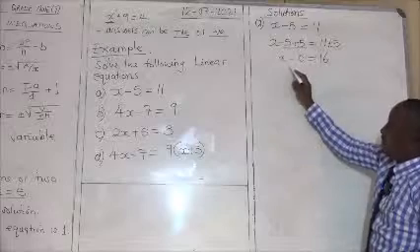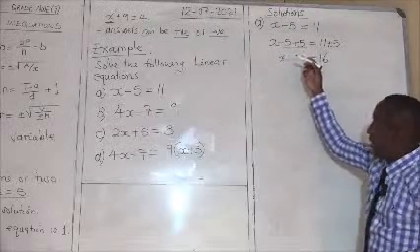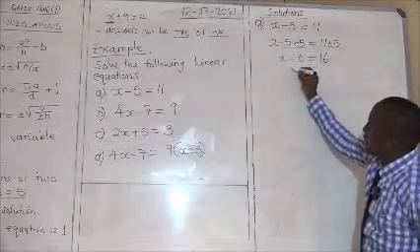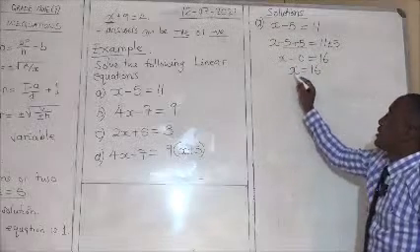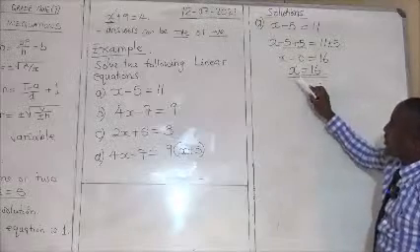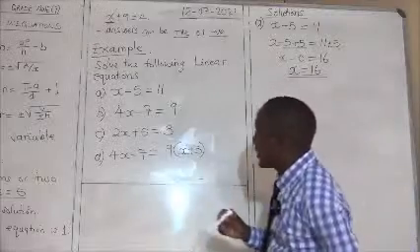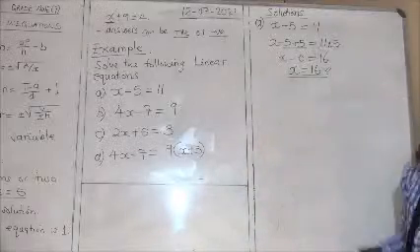Okay, so x minus 5 plus 5 is x minus 0, which is just x. Then this side we have 16, meaning that x is equal to 16. So the final answer, the value of x, is x is equal to 16. Okay, so this is the solution for part A.